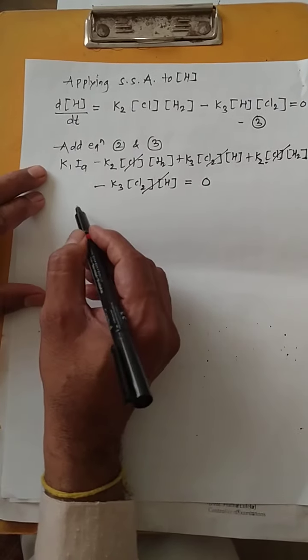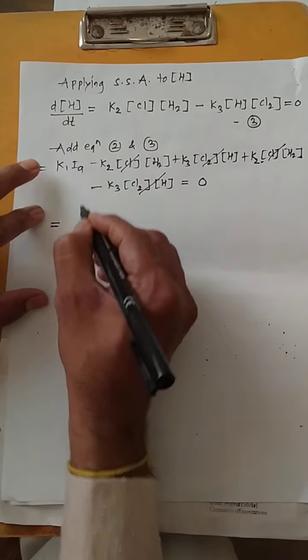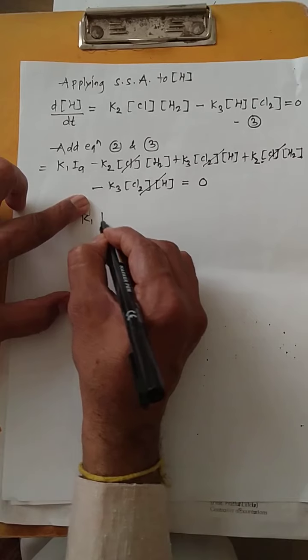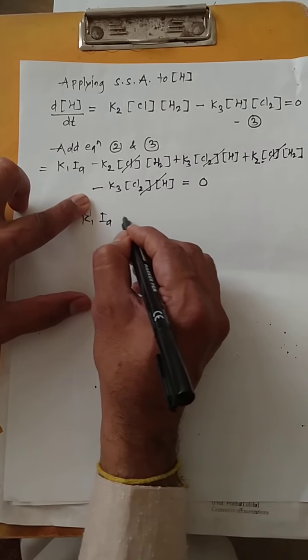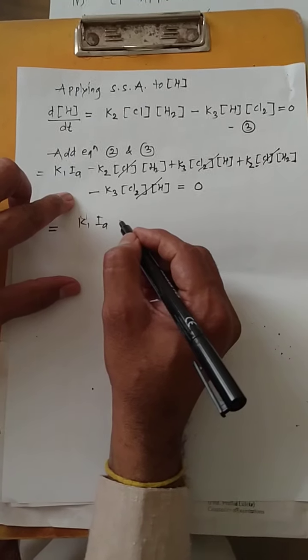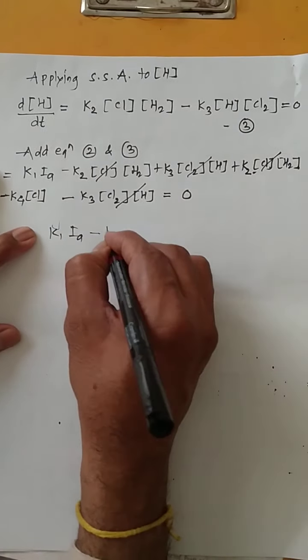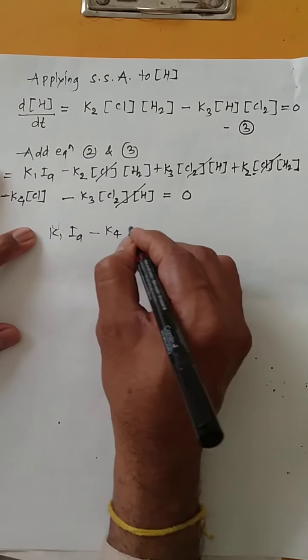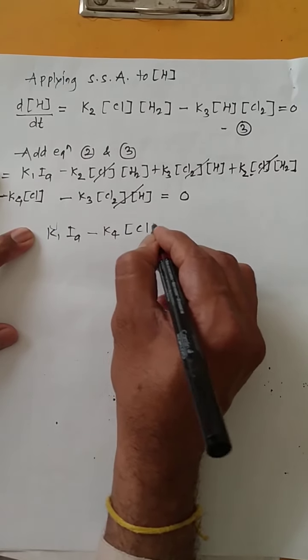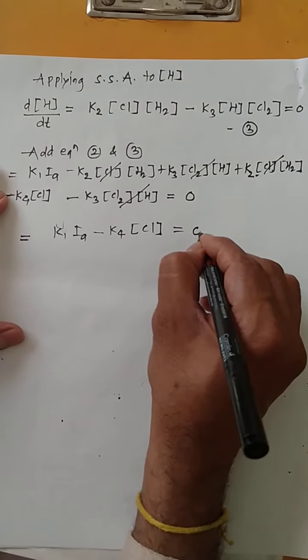The remaining equation is K1 intensity absorbed minus K4 concentration of Cl, equal to 0.